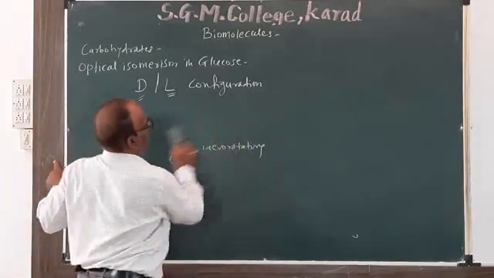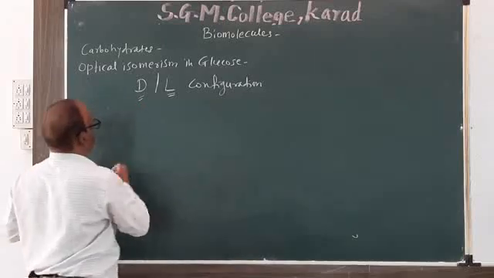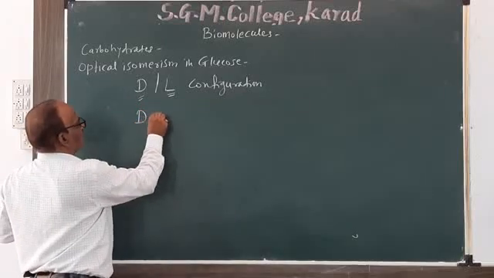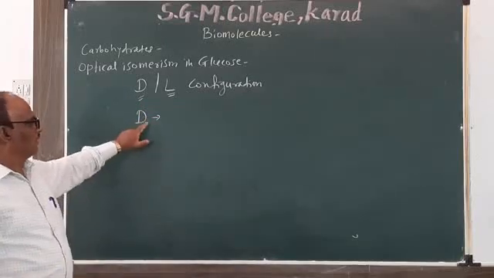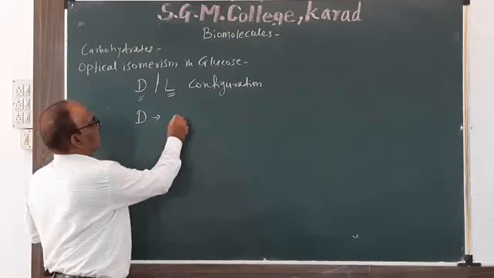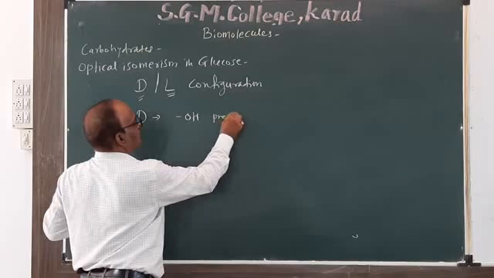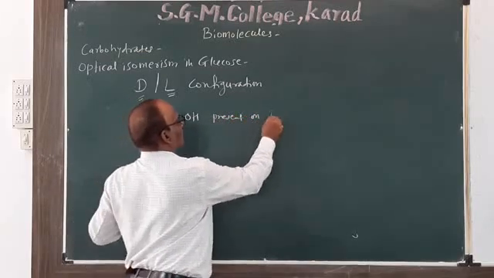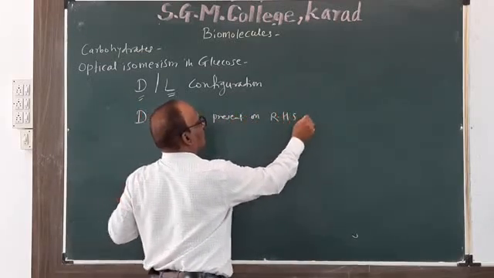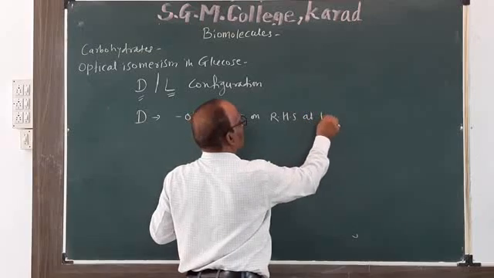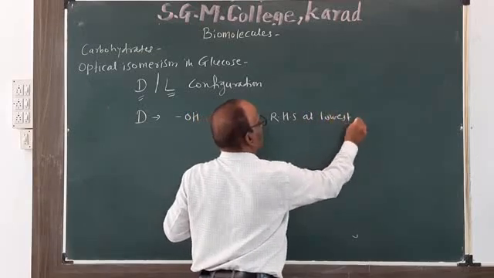So we have studied what is the meaning of capital D. In the Fisher projection formula, if the OH group, hydroxyl group, is present on the right hand side at the lowest chirality center.